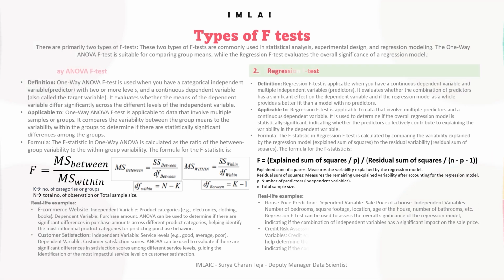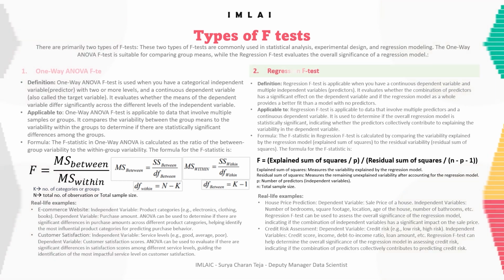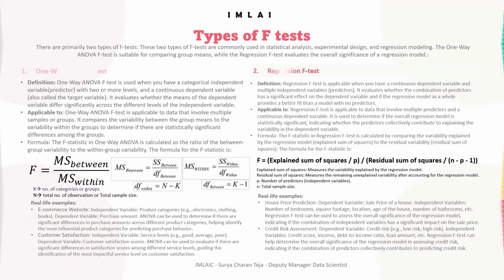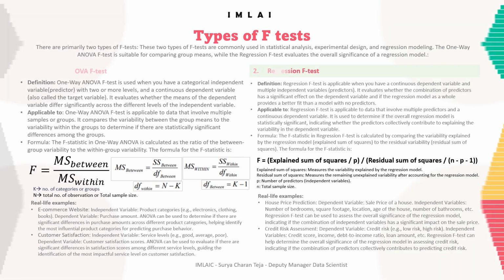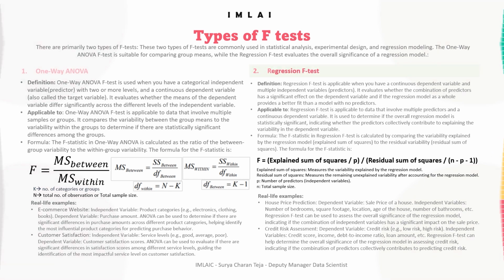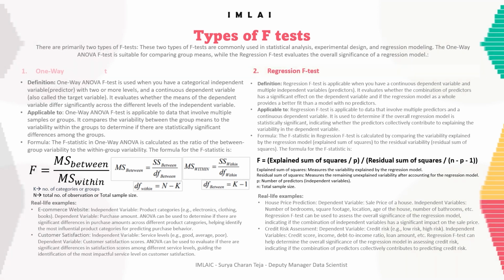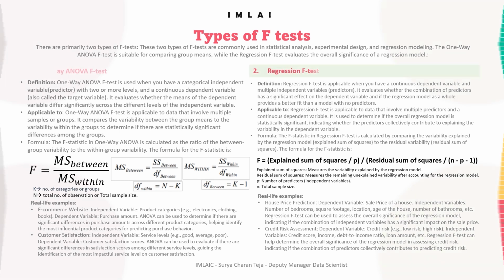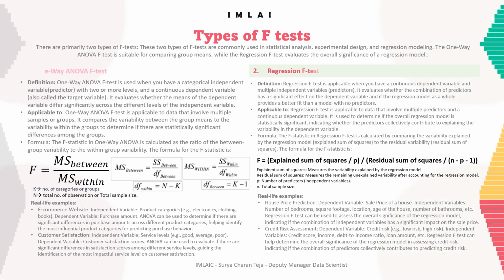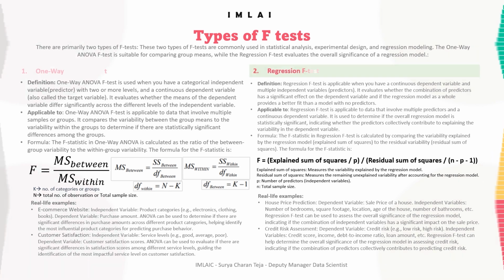One more example that I have with me is credit risk assessment. The dependent variable here is credit risk, for example low risk or high risk. Independent variables are credit score, income, debt to income ratio, loan amount, etc. Regression F test can help determine the overall significance of the regression model in assessing credit risk, indicating if the combination of predictors collectively contributes to predicting credit risk.